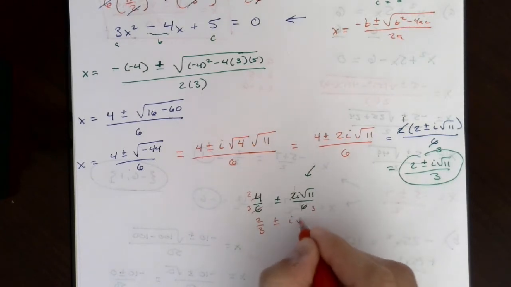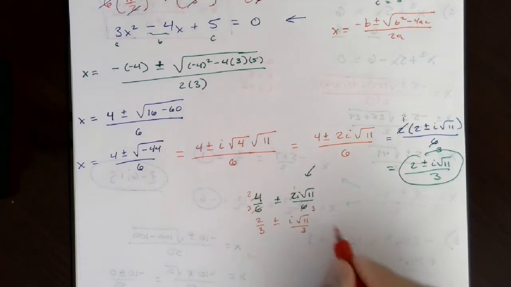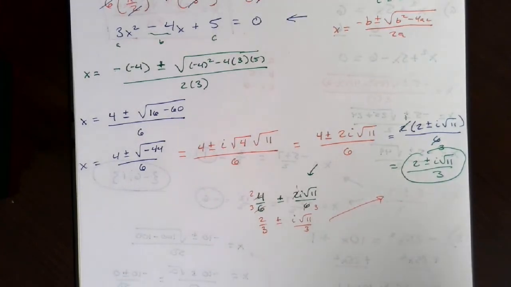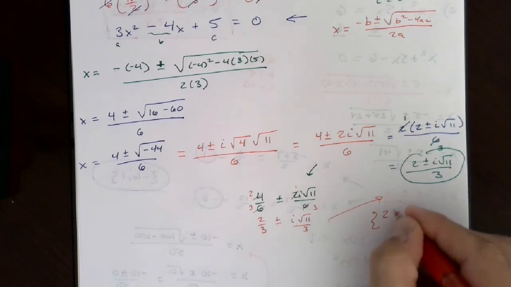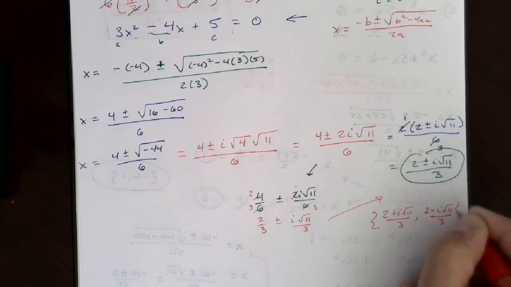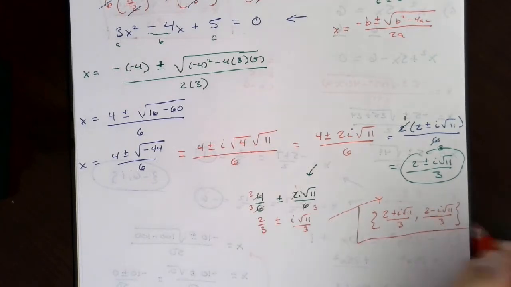So you have i square root of 11 over 3, and then you can combine them back and you can get back to here. So the same answer, it's a different way to simplify, but there's two answers, right? It's 2 plus i radical 11 over 3 and 2 minus i radical 11 all over 3. So two answers here.